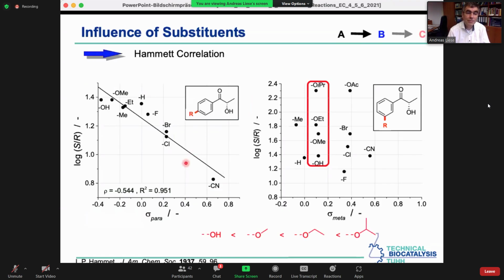Or maybe he might be flexible if you're using an alcohol residue here in the para position or chlorine. Then you can fine-tune the performance and the outcome of the reaction with the same enzyme without any enzyme optimization and without switching the overall process.